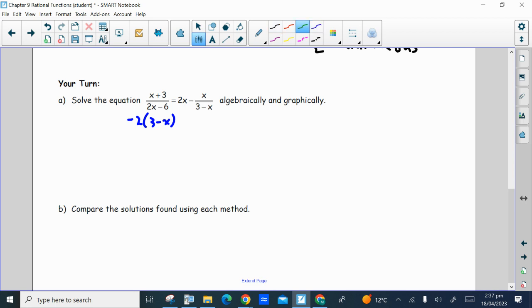We're going to multiply all three terms by our common denominator, which will be negative 2 bracket 3 minus x. So the x plus 3 is multiplied by negative 2 and 3 minus x, which is the same as 2x minus 6, I should say, so they will cancel.